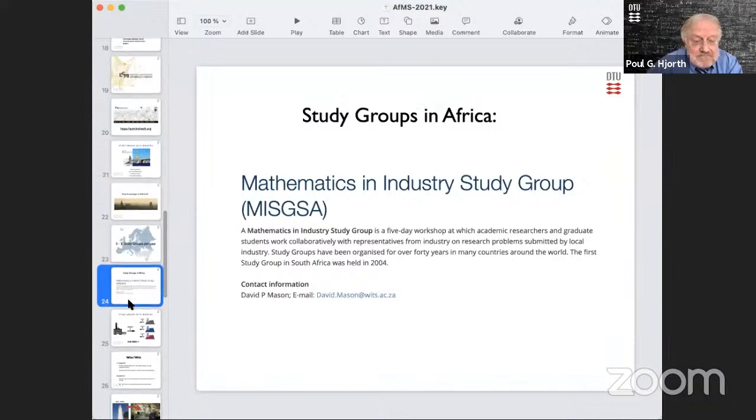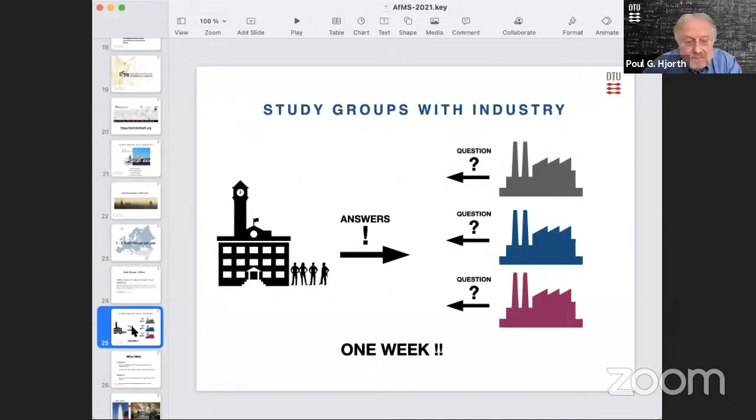And what is it? Well, as I mentioned, it begins with various companies. So you see here companies to the far right who have posed questions to academic mathematicians or applied mathematicians at universities. And then in the span of 1 week, these mathematicians provide answers back to them.